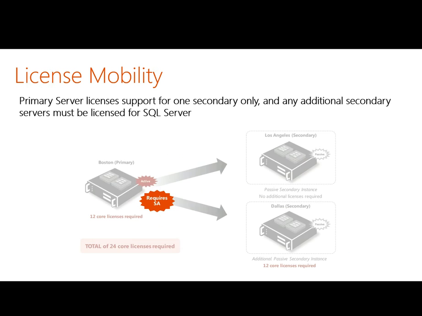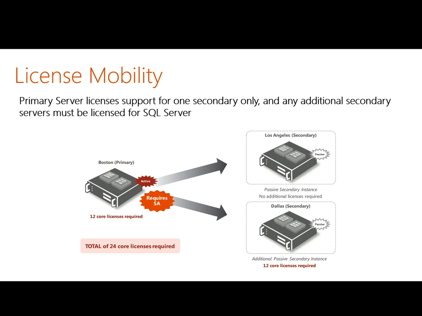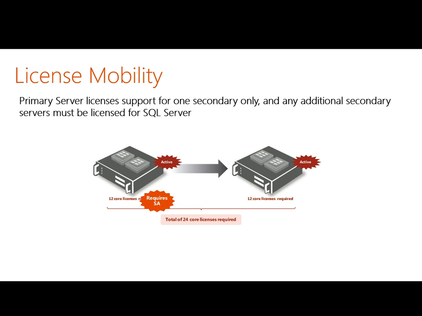If you have an additional secondary server, the secondary server must be licensed for SQL Server, and they must have the same specification or number of cores. In this example, the active has 12 cores and the passive has 12 cores.